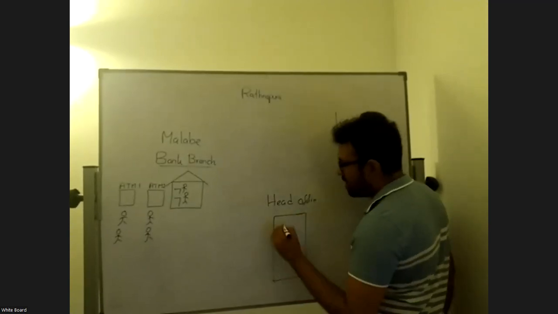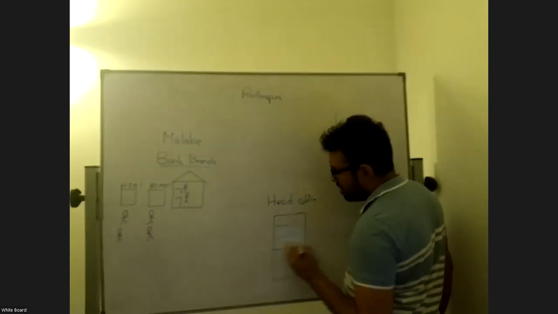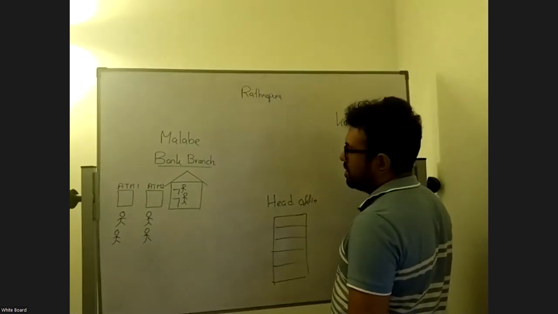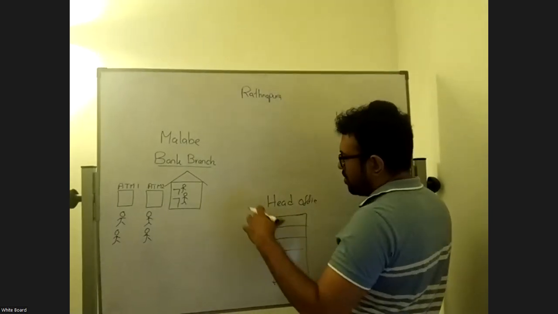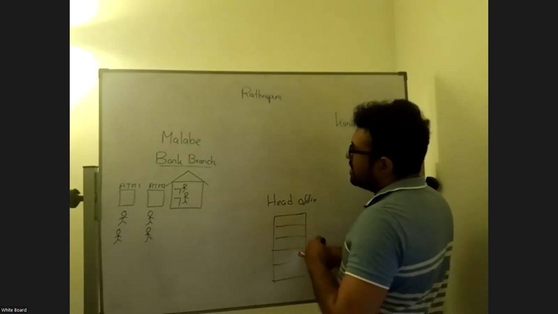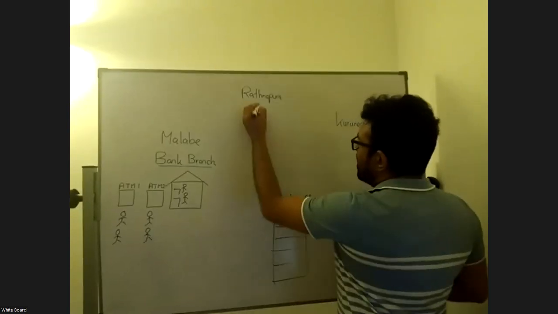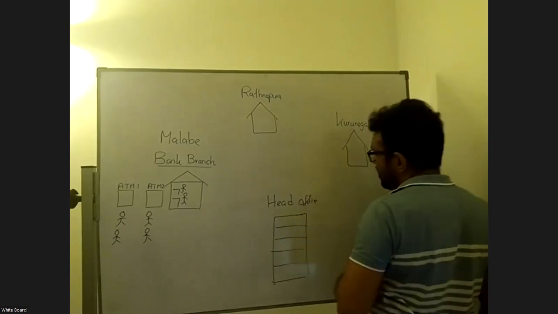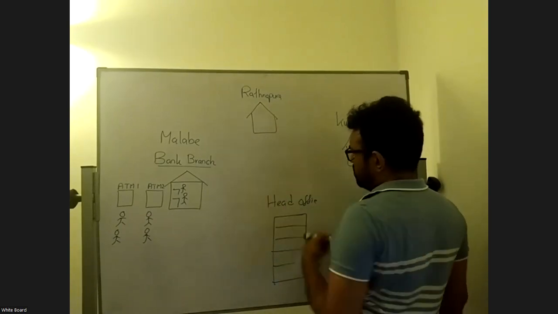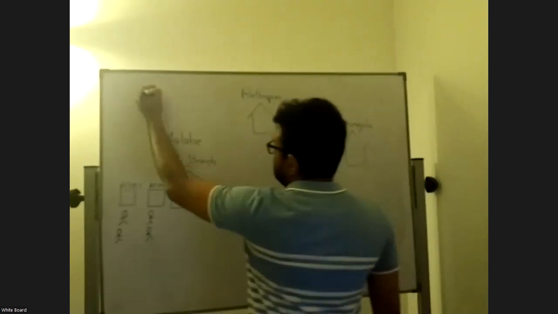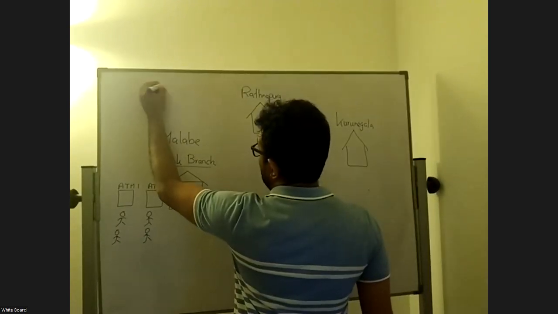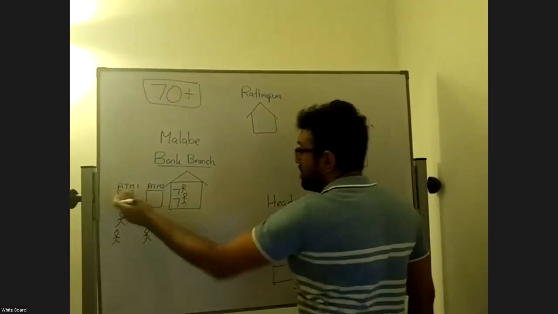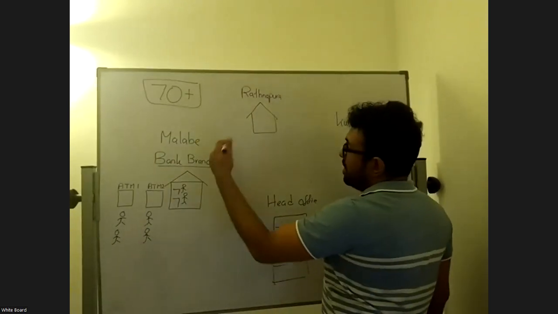The head office of a bank has to be large. So if you take all of these, here we have another branch, they also have ATMs, here is another branch, they also have ATMs. Let's say there are about 70 branches, and every one has ATMs and customers.